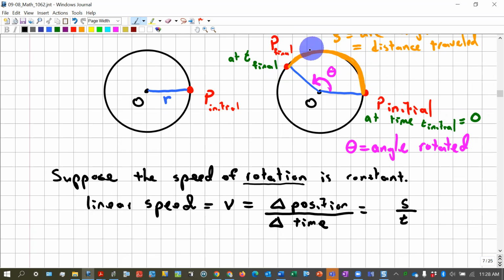And then there's this distance that it's traveled from the initial point. But if we lay down our tape measure on the circle so that this is 0 centimeters or 0 meters or 0 inches, whatever units we're using, then P final minus P initial is this number S.